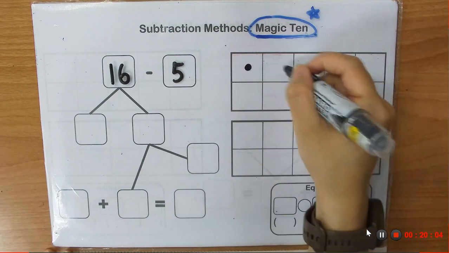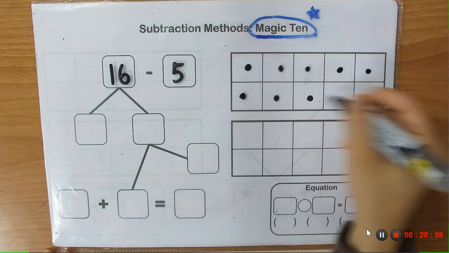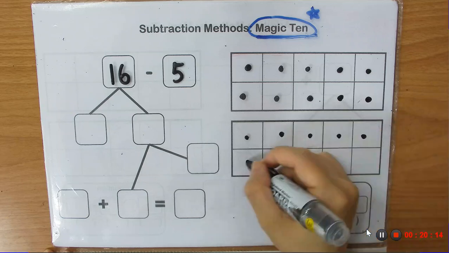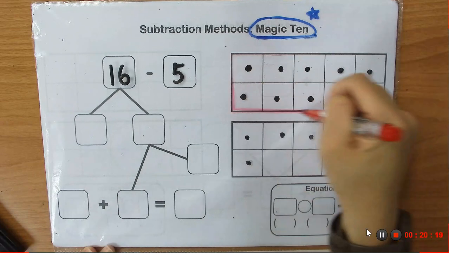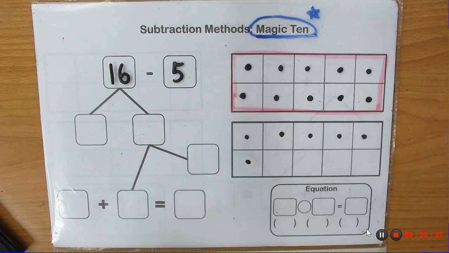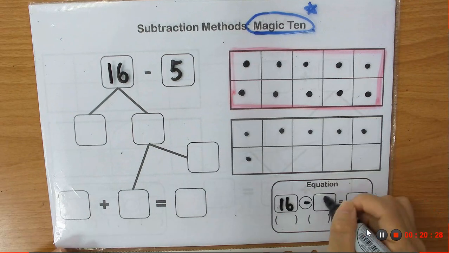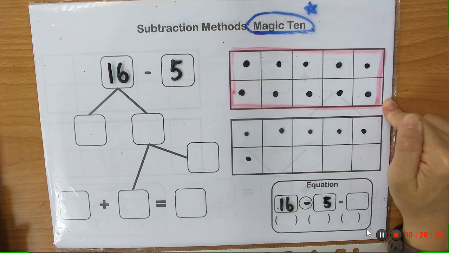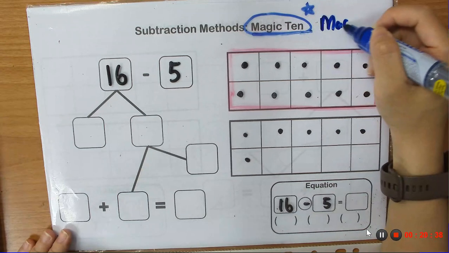The ten frame. 16 is 10 and 6. Here's 10 and 6. Now, tell me, for 16 minus 5, would I subtract from the tens first or subtract from the ones first?